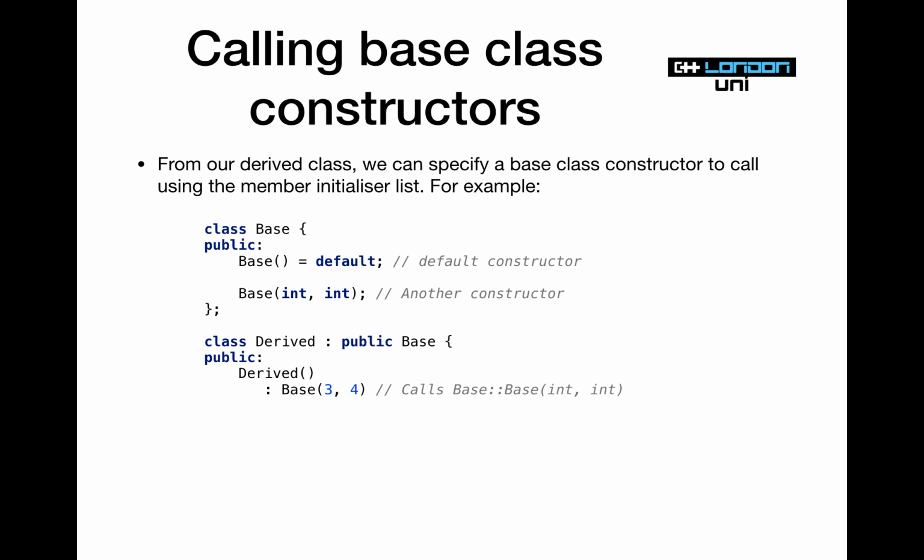So we had these for initializing our member variables. We also use them for initializing our base classes. So this is saying, when you construct derived with no arguments, I want you to call the base constructor and pass it, in this case, 3 and 4. So this is calling this constructor here.